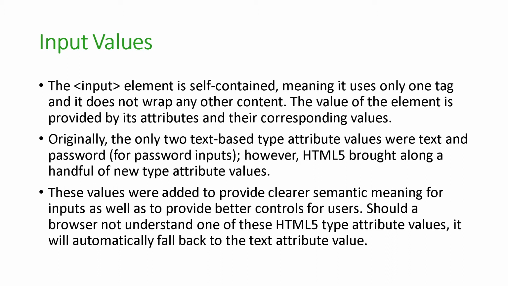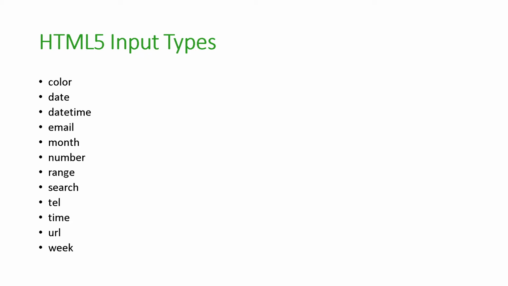So should a browser not understand one of these HTML5 value type attributes, it'll automatically fall back to the text attribute value. However, pretty much everything we're going to look at, really everything we're going to look at, is up to date in all modern browsers. So let's have a look at all of these HTML5 input types.